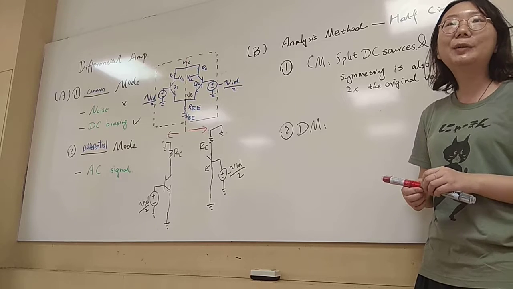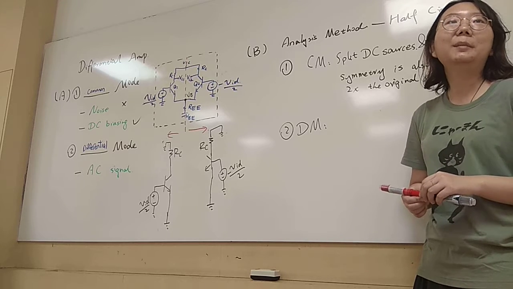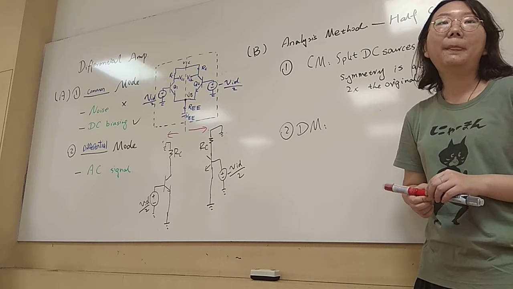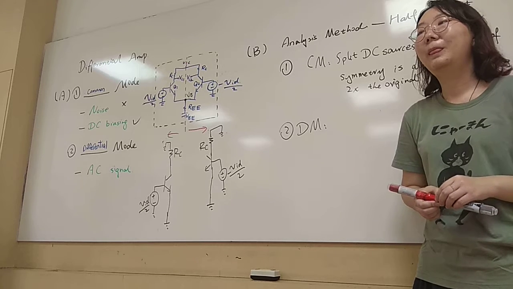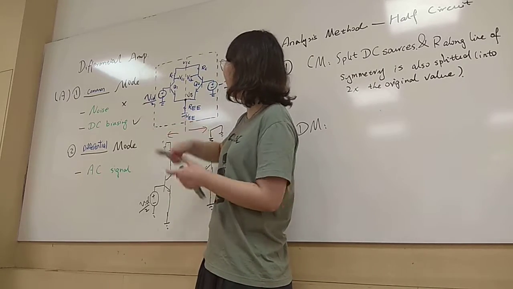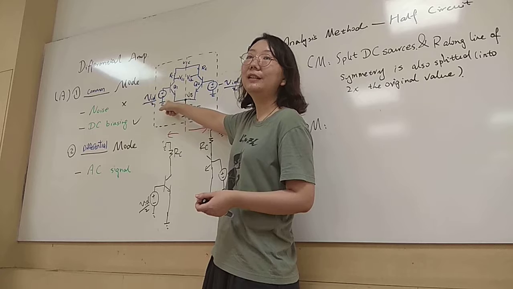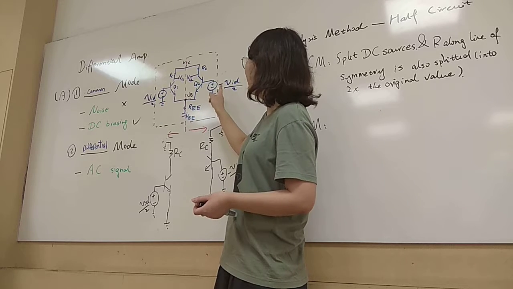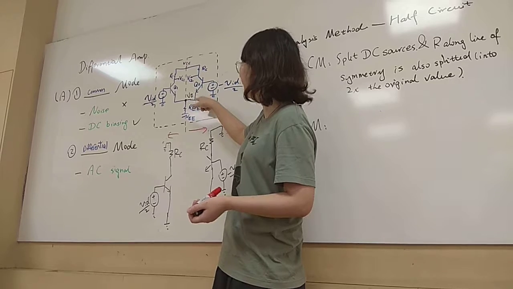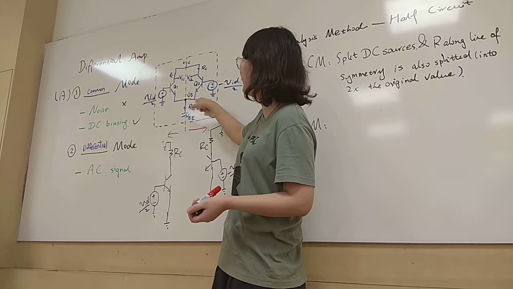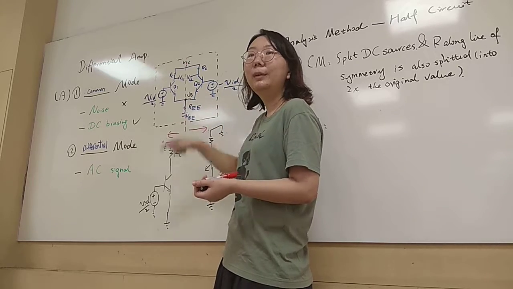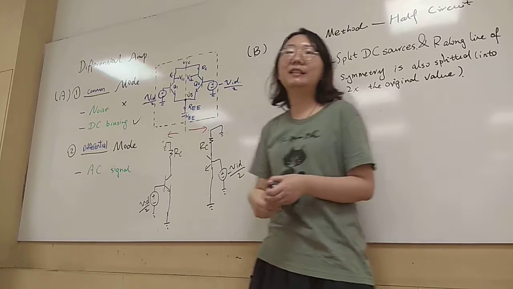Why can my IE go out of my emitter and go into my emitter? Let's say this VID is giving IE going out of this emitter. This minus VID over 2 will give another current IE going into this emitter. Why can my IE go into this emitter?